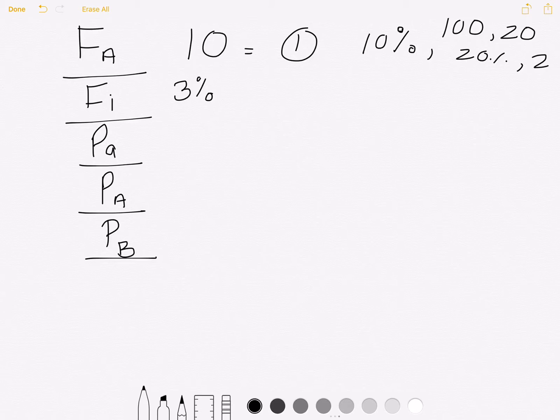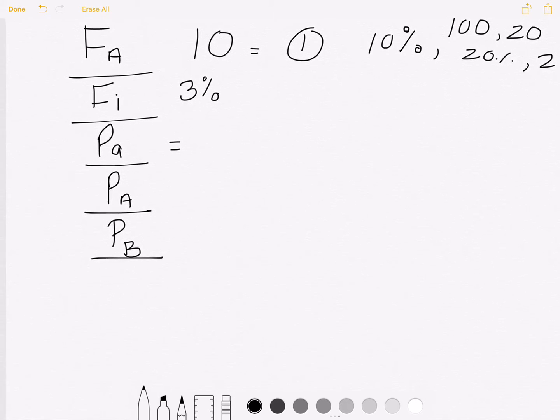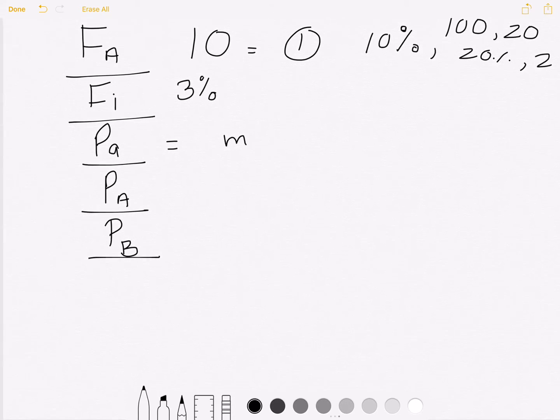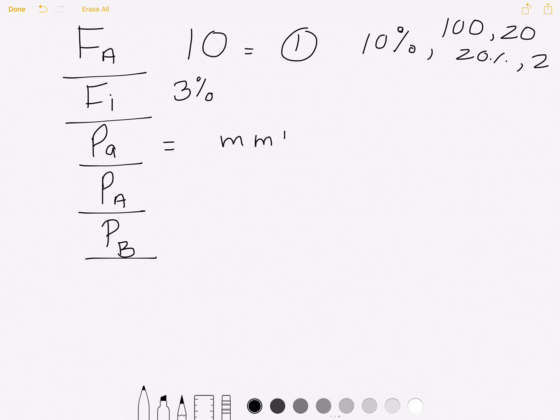What is the Pa? Pa is the partial pressure of anesthetic agent in the blood, and is expressed in the units called millimeter of mercury. So if your anesthetic agent exerts a certain partial pressure in the arterial blood, it will be expressed in millimeters of mercury and it will be called Pa.